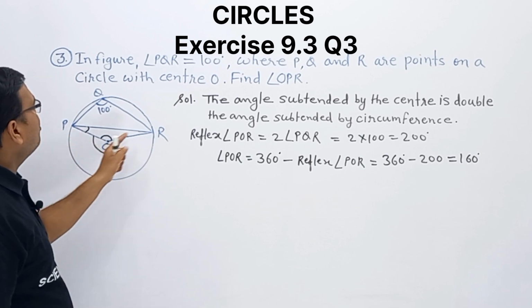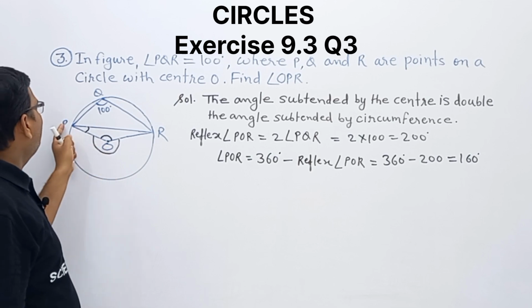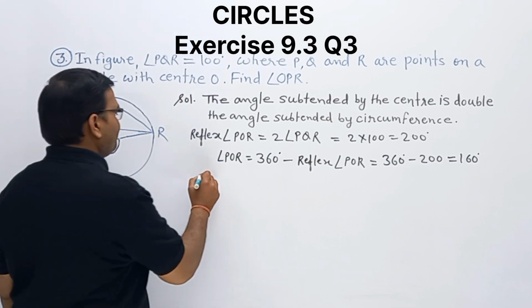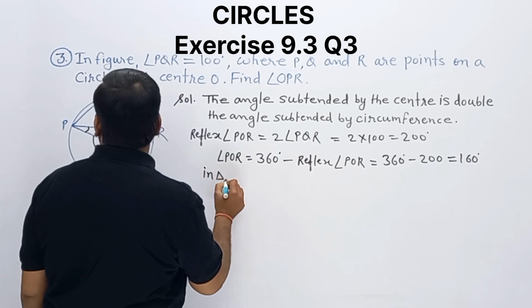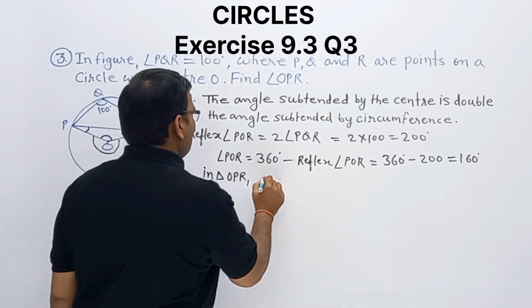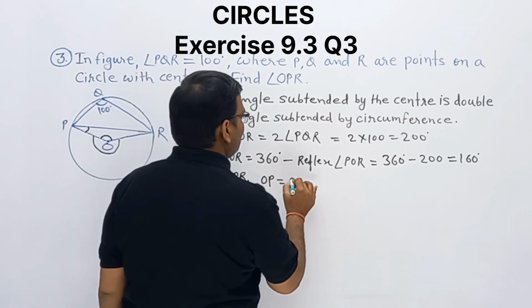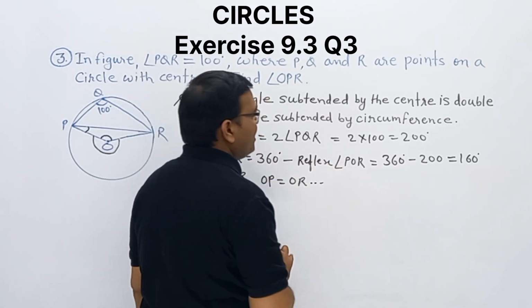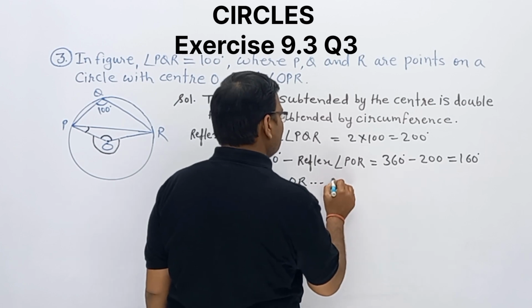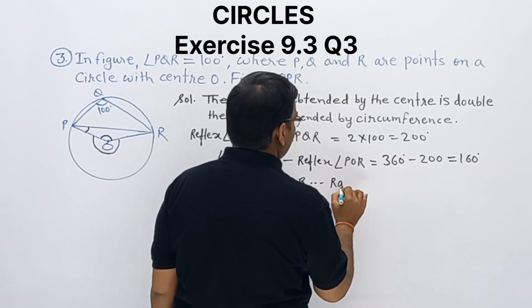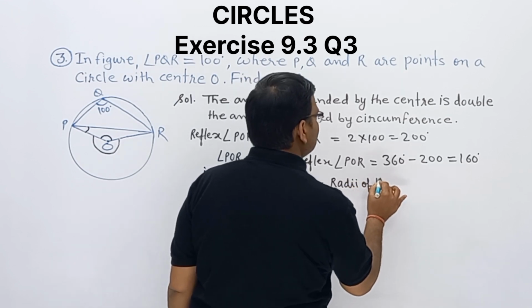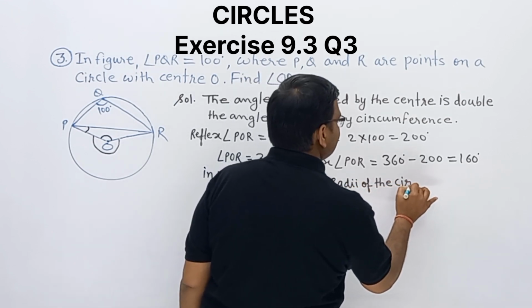OP and OR are radii. So in triangle OPR, OP equals OR, because both are radii of the circle.